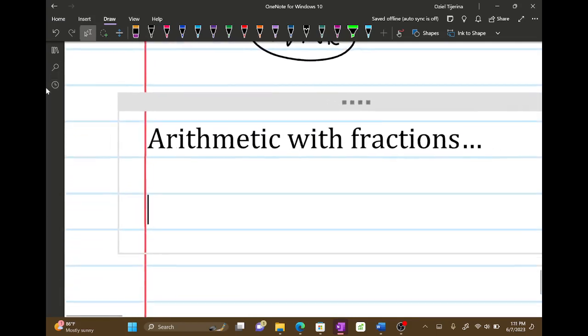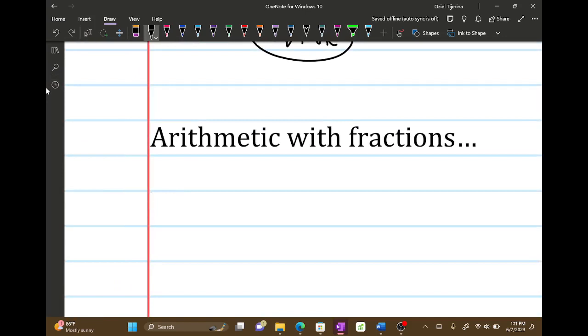So this is the idea that when I say a plus or minus b all over c, students tend to believe that this is equal to a over c plus or minus b.